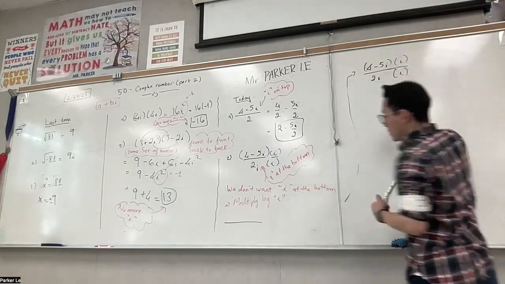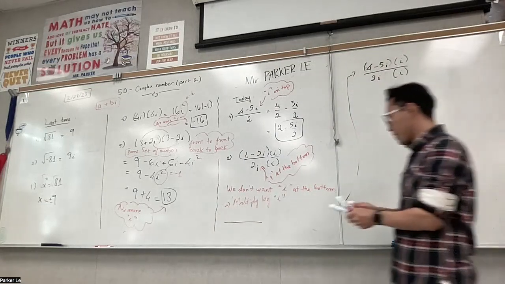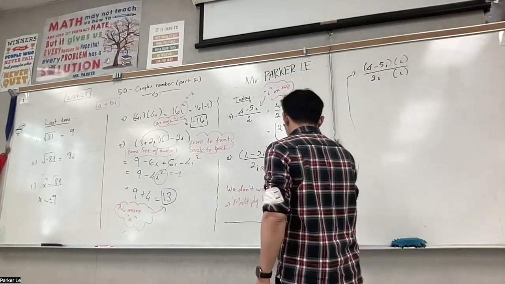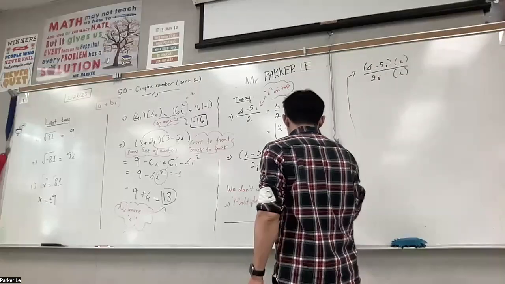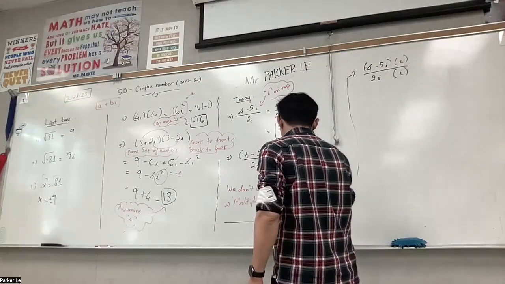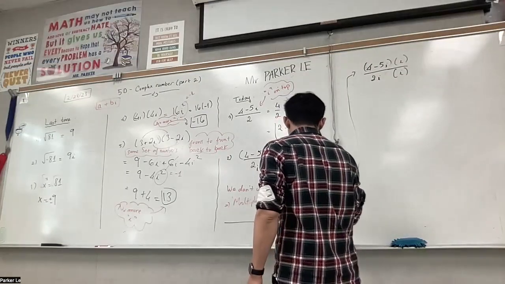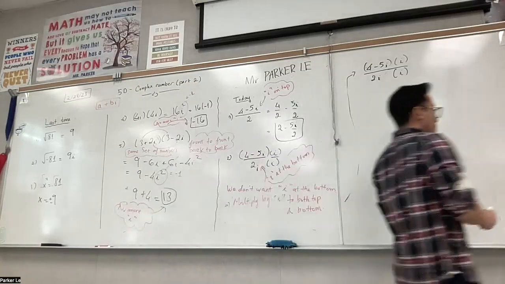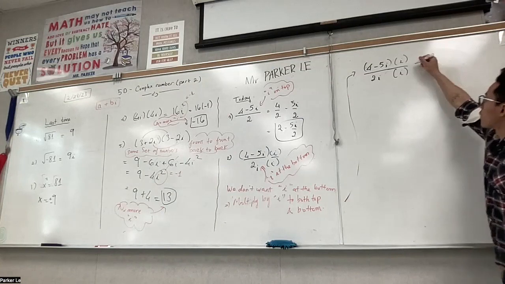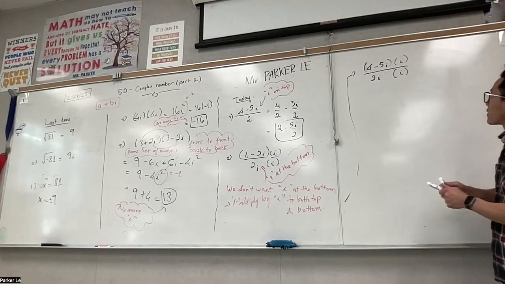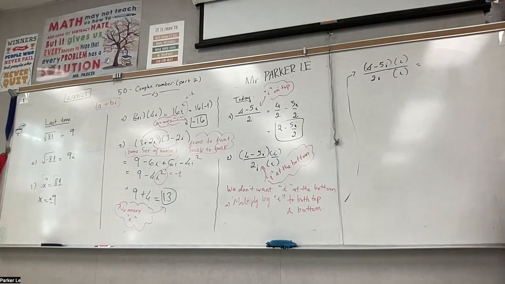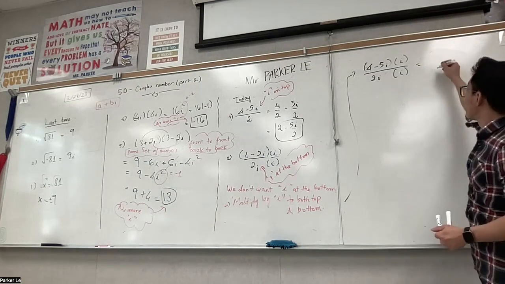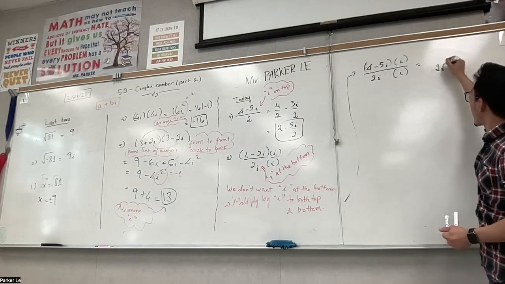You need to multiply i to both top and bottom. Why do we need to do that? What is 2i times i? 2i squared, right?